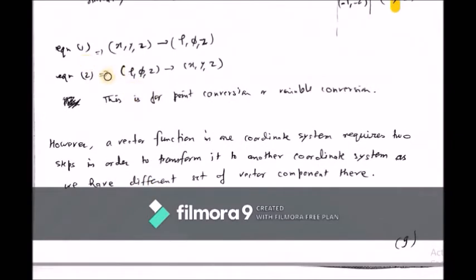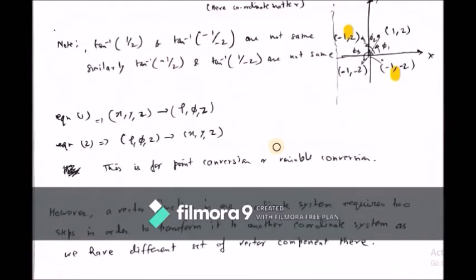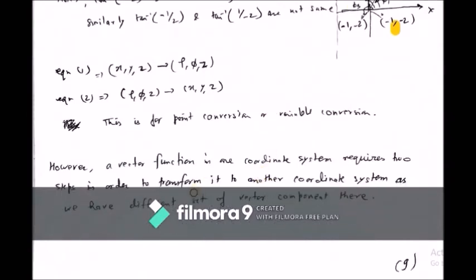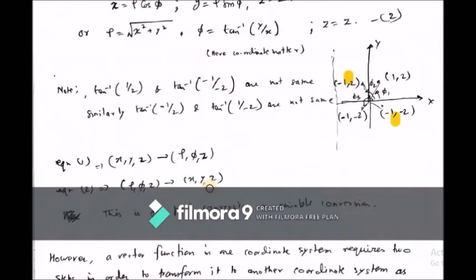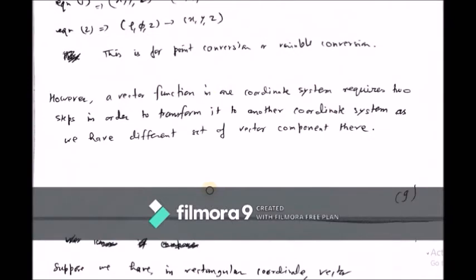Okay, these equations 1 and 2 are just for point conversion or variable conversion. But to convert a vector, I need two steps, because it has direction also associated with it.